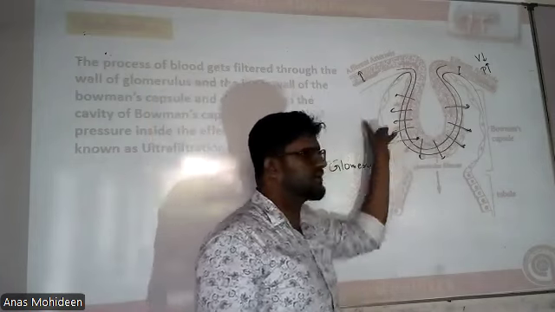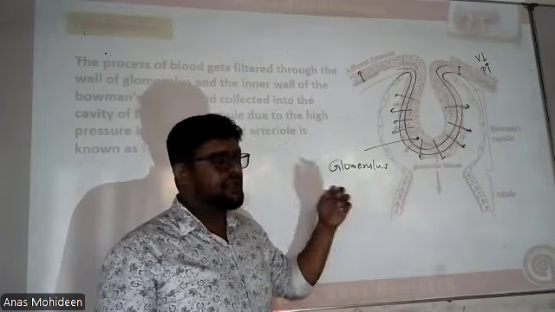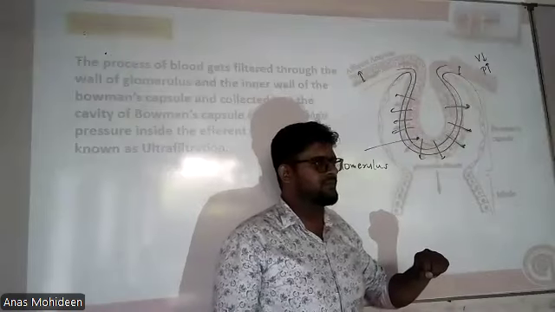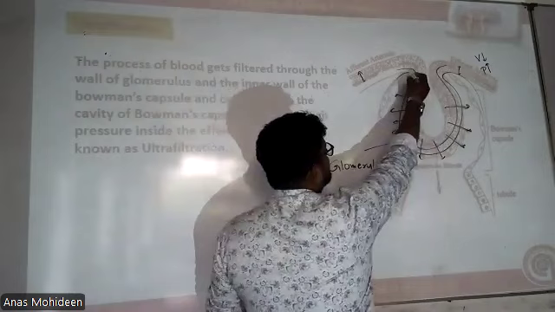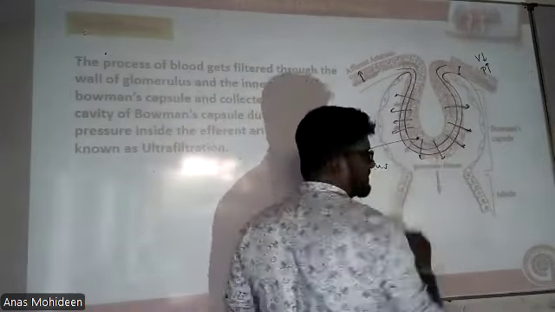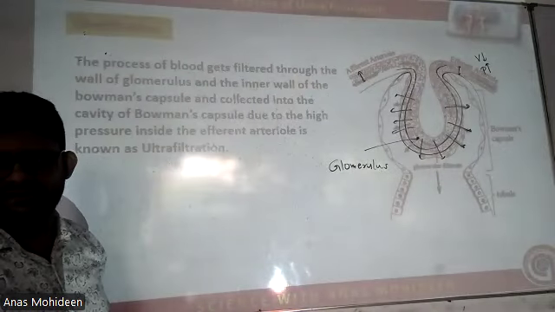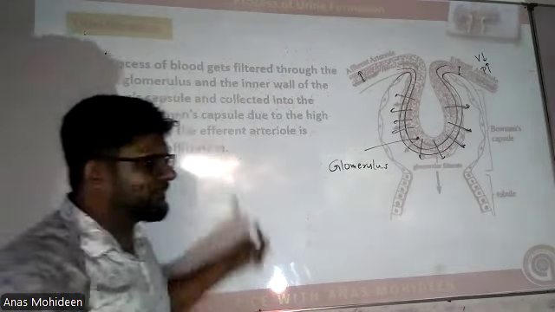This happens due to the high pressure inside the efferent arteriole, passing two layers: the wall of the capillary network and the inner wall of Bowman's capsule. This process we name ultrafiltration. Did you understand that? Shall we write it?